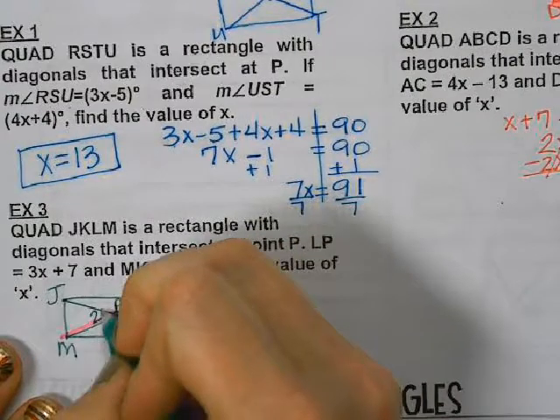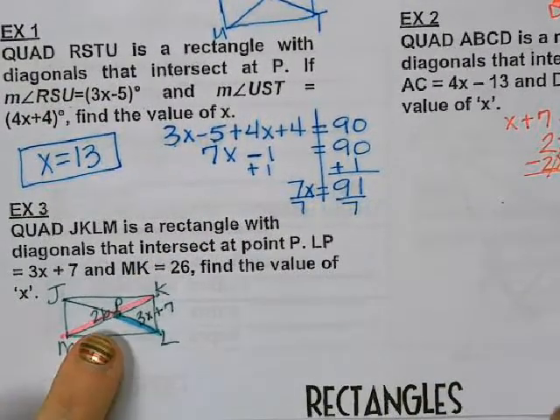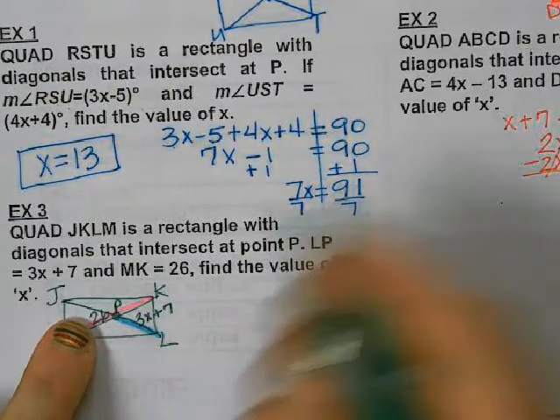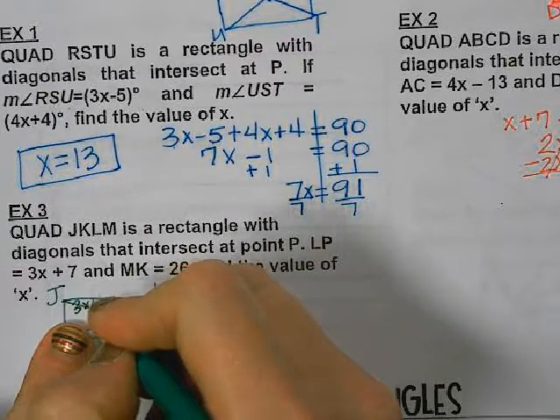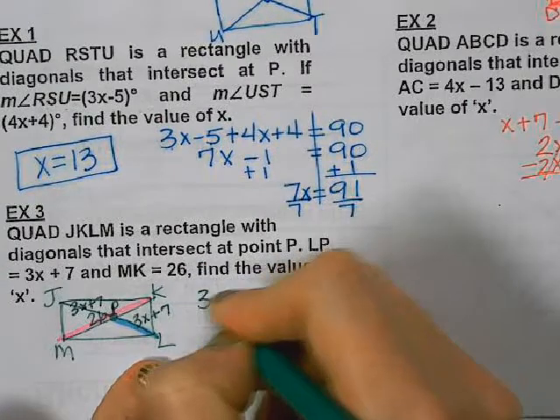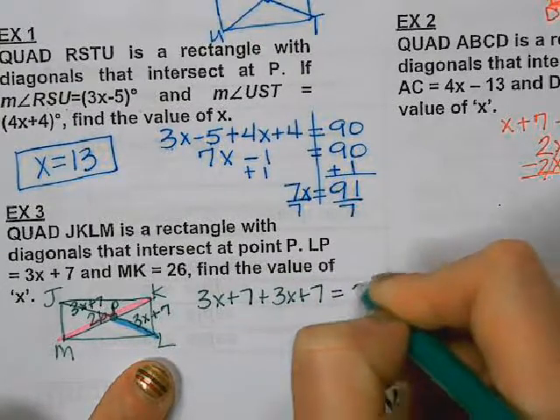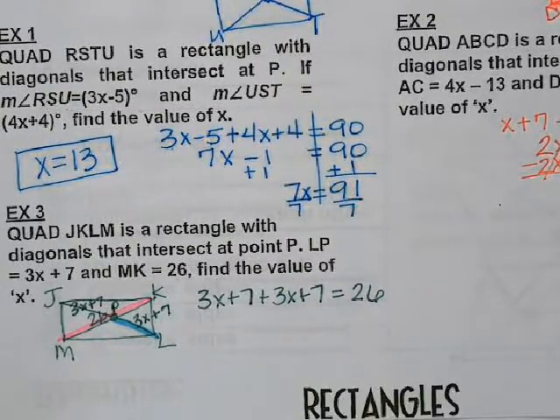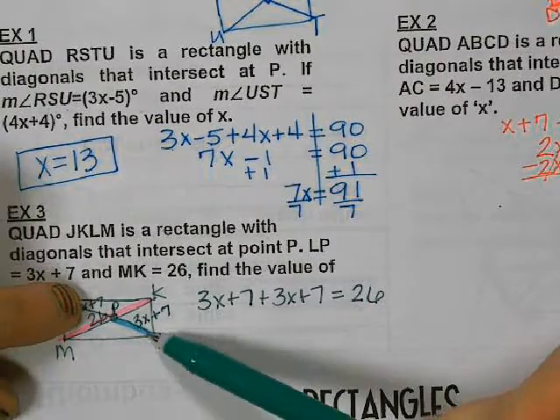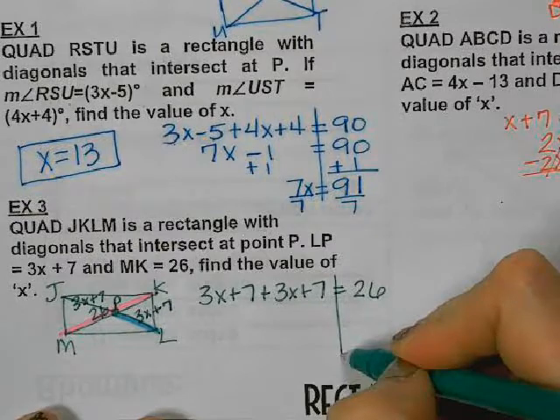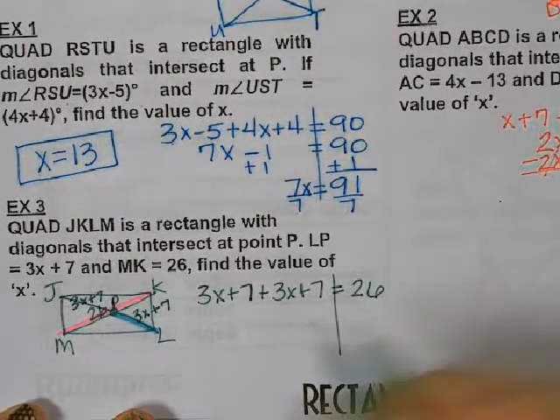Oh, this should be way easier than the other one, right? So the pink length is 26. And the blue length is 3x plus 7. But we really have how many of the blue lengths that we need to care for? The second one is up here, right? Because these are congruent. So 3x plus 7 plus 3x plus 7 equals 26. So 2 of these is equal to the whole length of the pink, because the diagonals are congruent in rectangles.